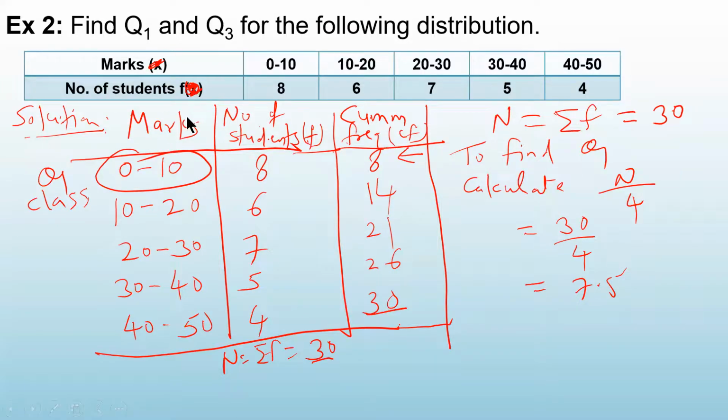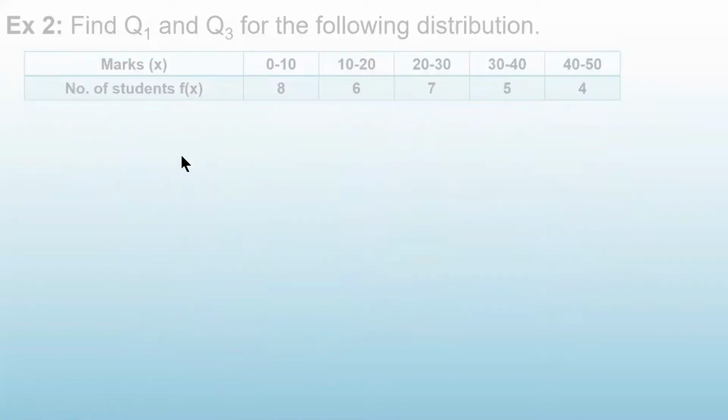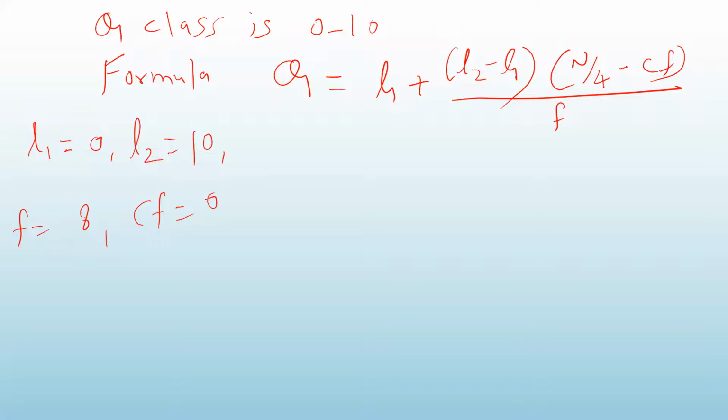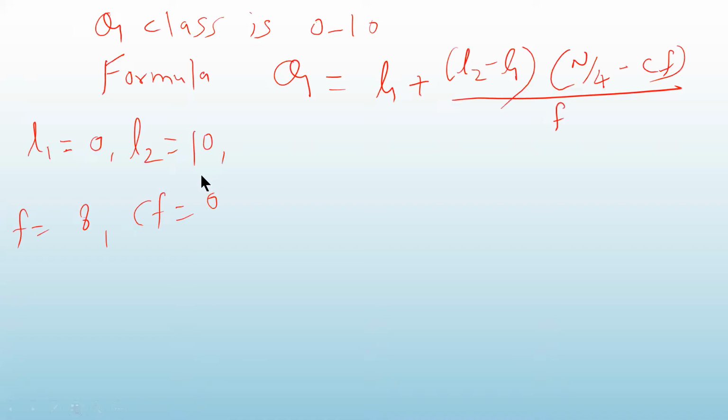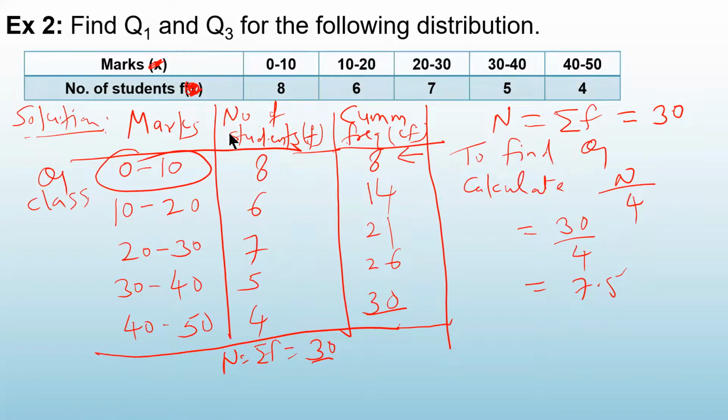We don't have any class above this. Do you have any class above this? No, na? इसके पहले क्या क्लास है ही नहीं, उसका क्यूमुलेटिव फ्रीक्वेंसी भी नहीं है. So this is actually थोड़ा स्ट्रेंज तरह का प्रॉब्लम हो गया.